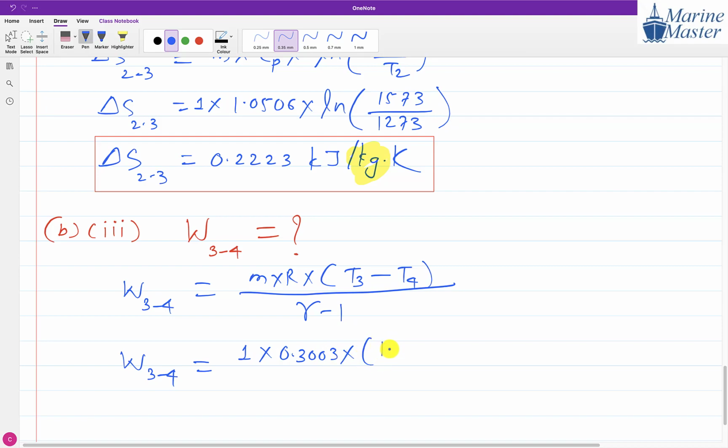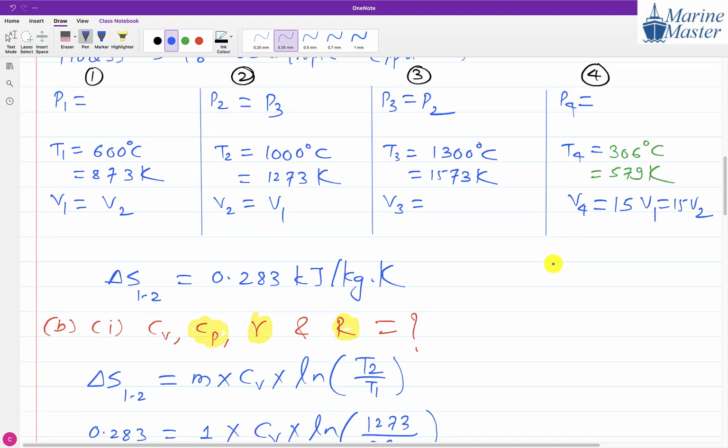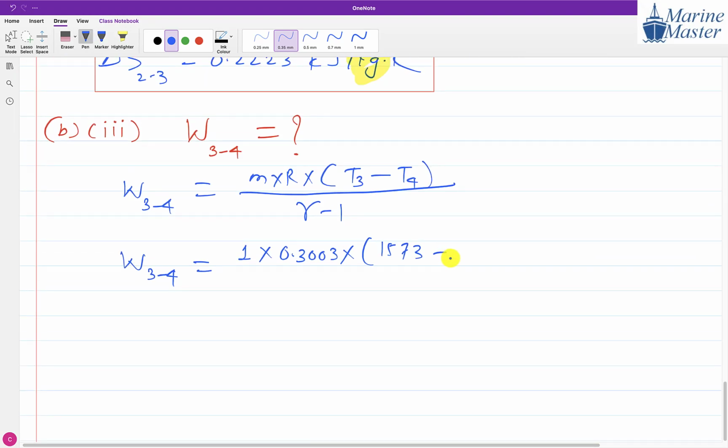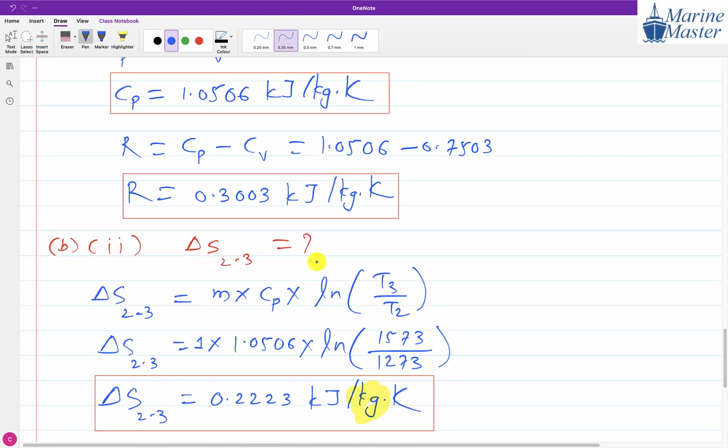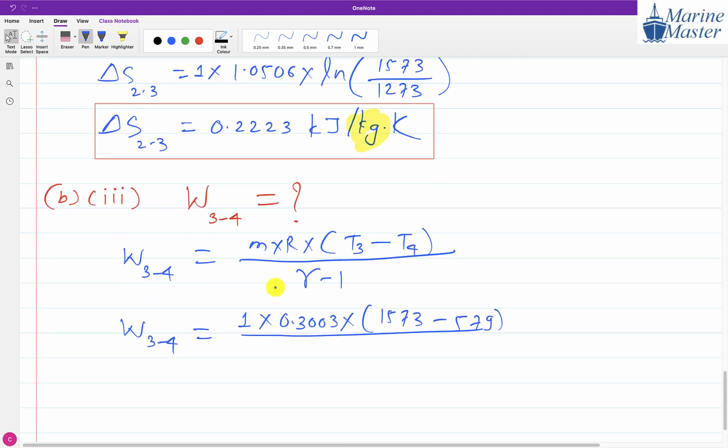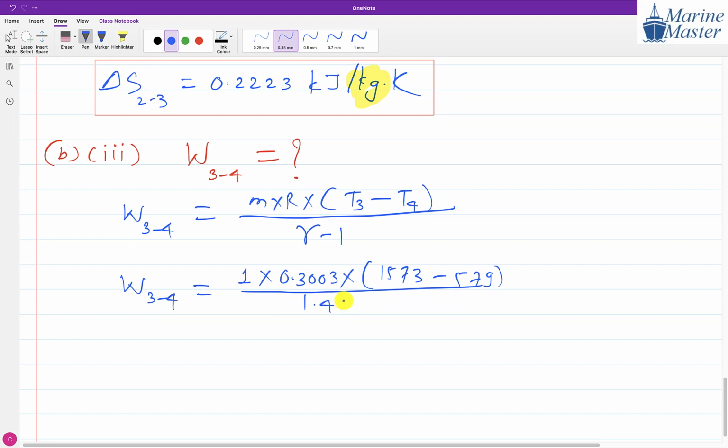T3 is 1573. T4, how much value of T4 do we have? See the table, 579. And gamma, how much did we calculate? 1.4003 minus 1.